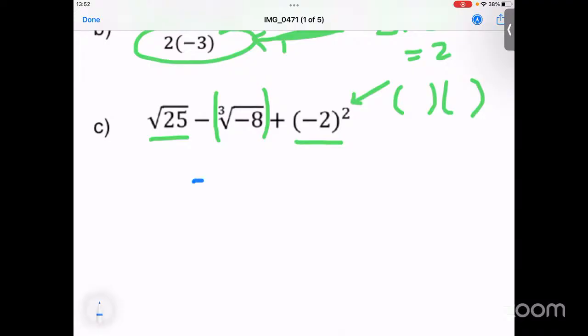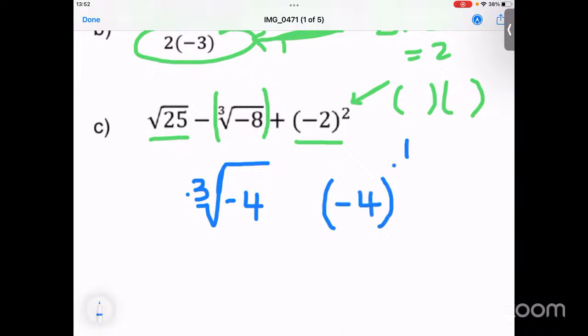Let's say we have 3 and then we have negative, let's say 4 there. What I know on my side is that you can rewrite this thing as negative 4 to the exponent of 1 over 3.